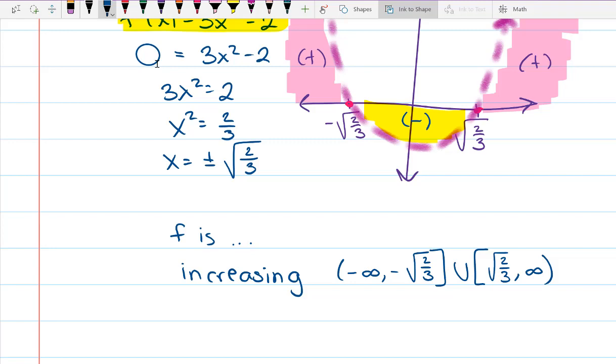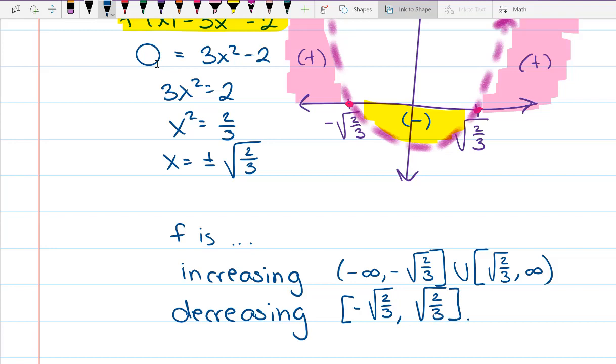This is because increasing and decreasing will contain those critical points, while the derivative would be differentiable on the open interval, very similar to when we use the mean value theorem. And so f is decreasing on the interval negative radical 2 over 3 to radical 2 over 3. And that's it. That's all there is to it to determine increasing and decreasing components of a function.